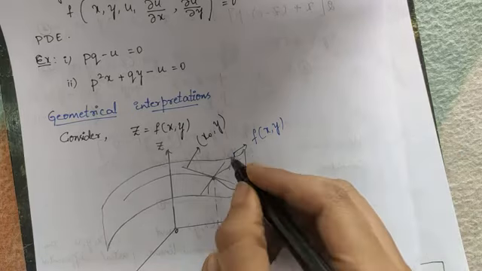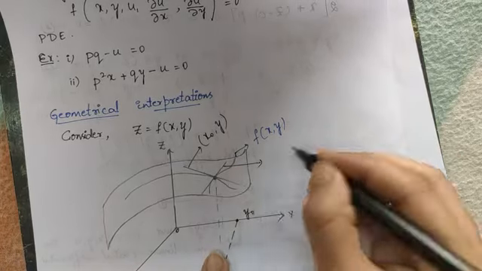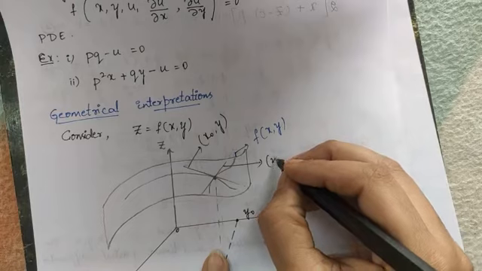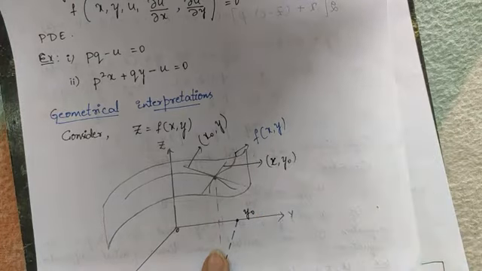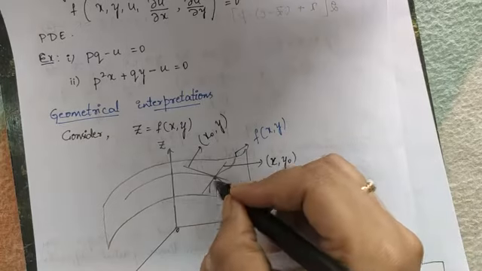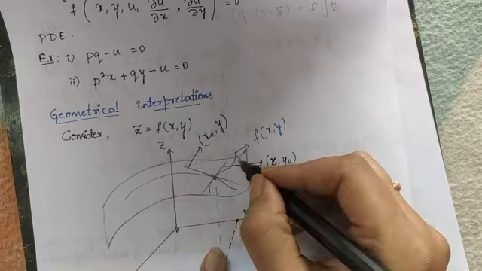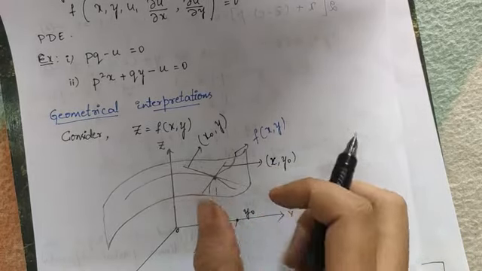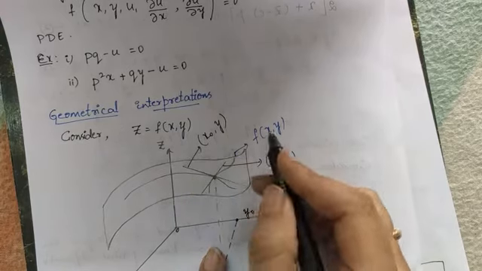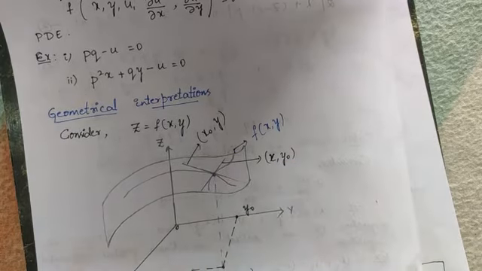This tangent is at the point x, y0. Now since I have two tangents or two lines, I can draw a tangent plane, right?